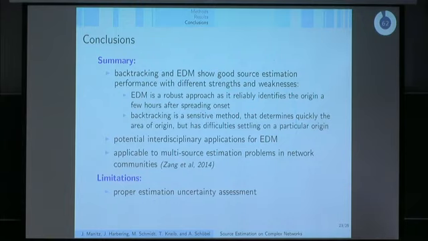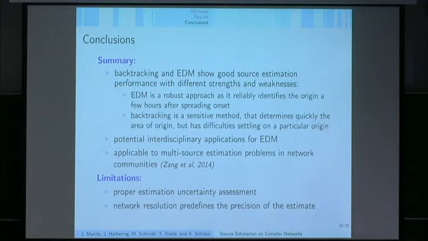Limitations, there are still some, of course. The first thing I feel unhappy about is that I would like to have a proper uncertainty assessment. I'm working on that. The network resolution predefines the precision of your estimate.